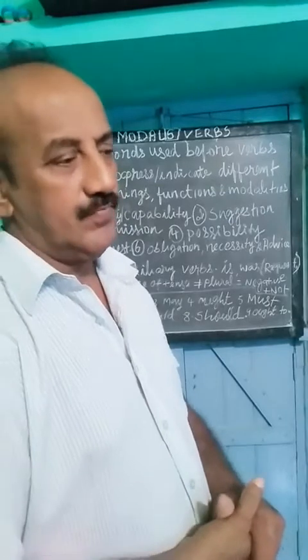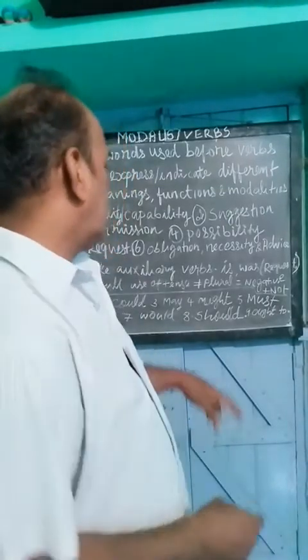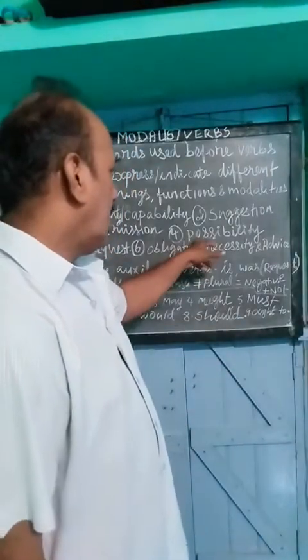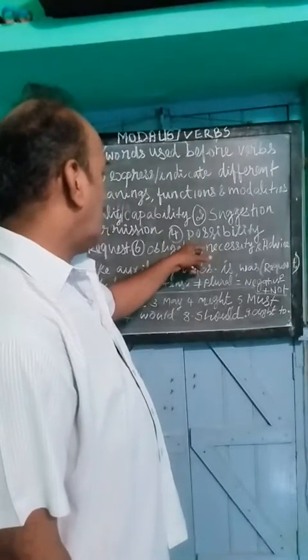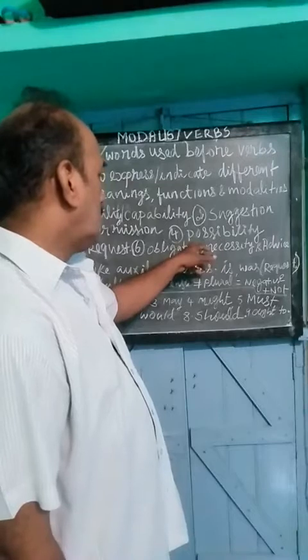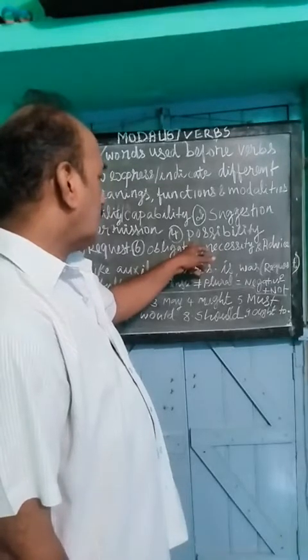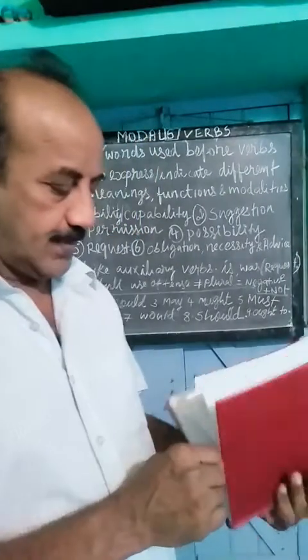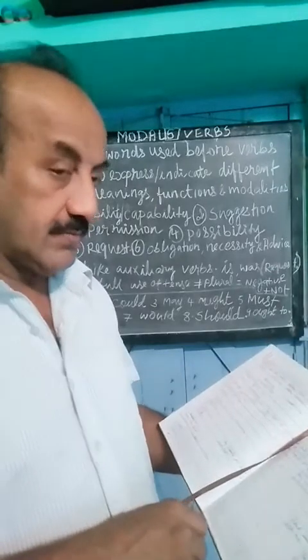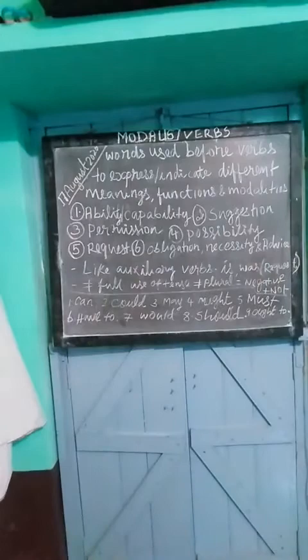Can you go? But whereas in possibility, what is the example for possibility? I'll just take one example from your book.